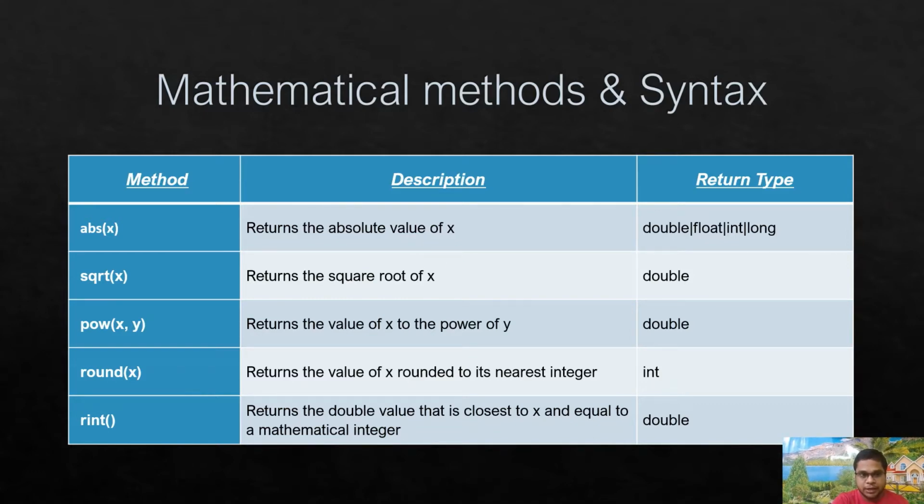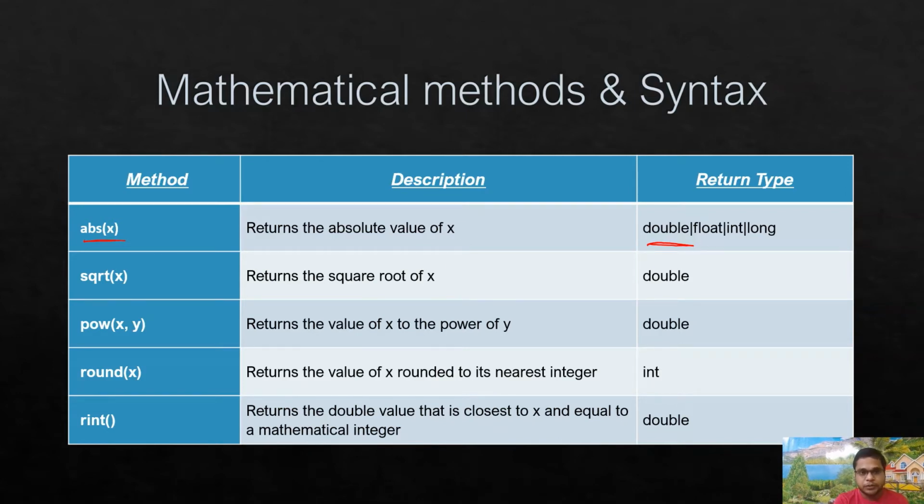The abs function's return type is double. Most of the Math class functions return double. Some of them return integer, but in most cases the mathematical functions return the double type. So absolute value returns the absolute value of whatever you put in your x value.